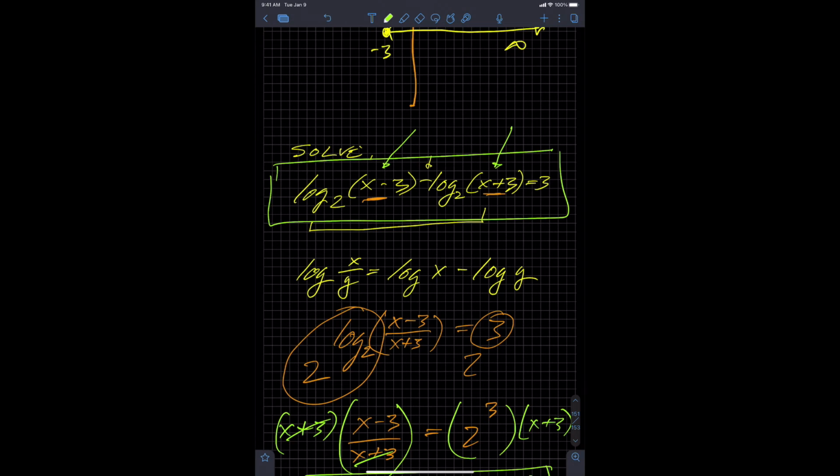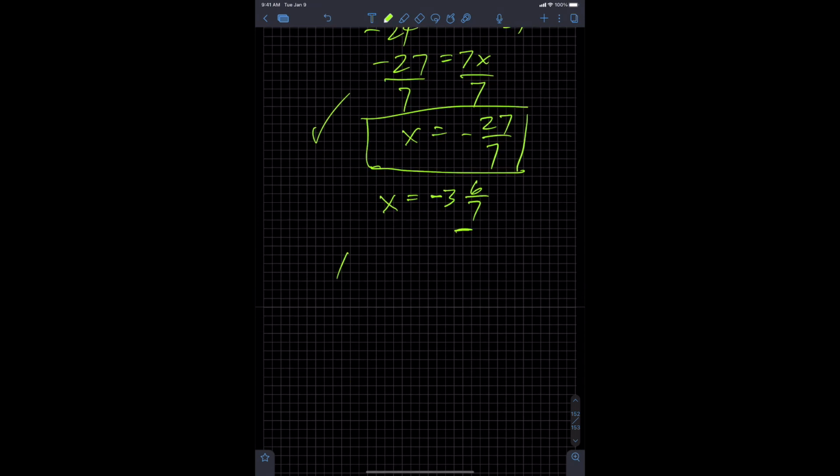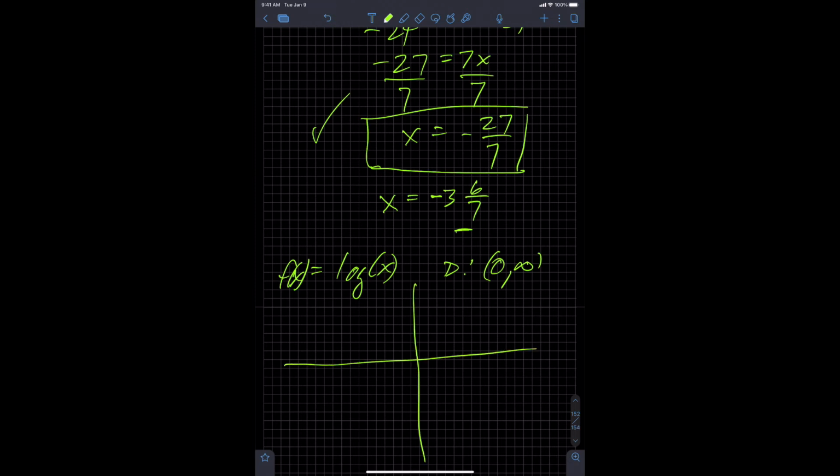There are 2 restrictions. First of all, remember that the logarithm as a function has a restricted domain of 0 to infinity. I had a student just do a presentation, and he did a nice job. This is the exponential function f of x equals, let's say, 10 to the x, since I'm working with log.